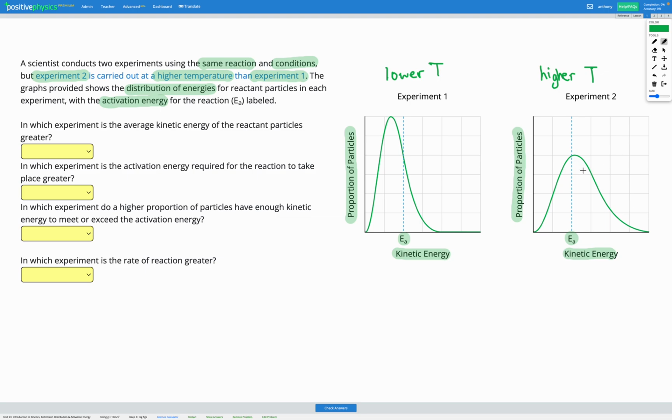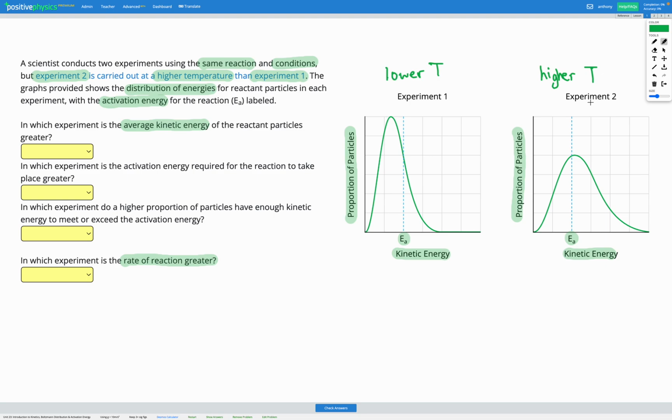Okay, so our goal is going to be figuring out in which experiment is the rate of reaction greater. So first we're going to think about the average kinetic energy of the reactant particles. In which experiment is that greater? Now we know, based on the definition of temperature, that a higher temperature means a higher average kinetic energy.